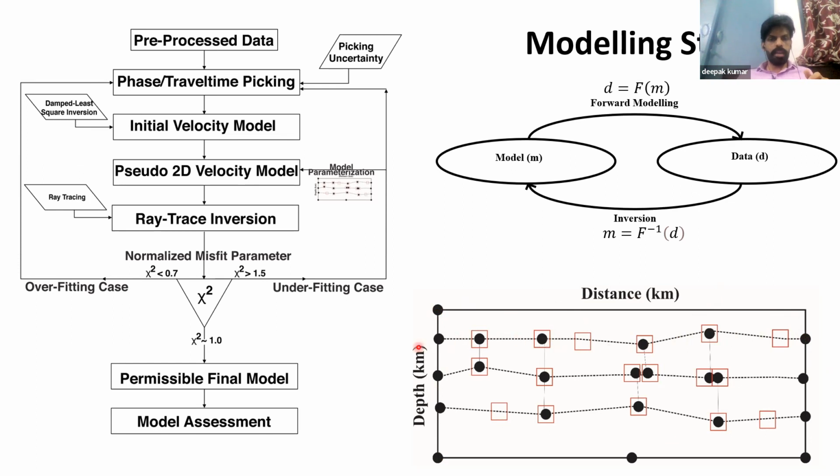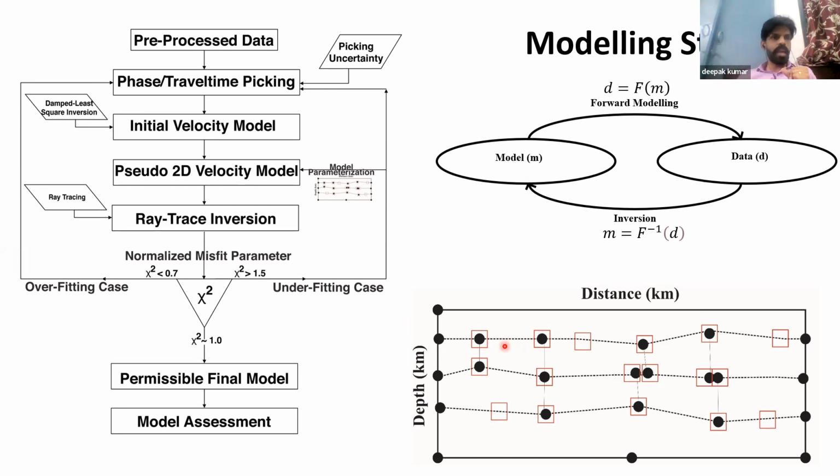We assume one layer. Now I pick the phases. I give a horizontal layer for that particular phase. Suppose I only pick direct arrivals, and I generate the rays while keeping the first layer horizontal. If the rays are not generating, I'll perturb the thickness and try to generate the rays again.